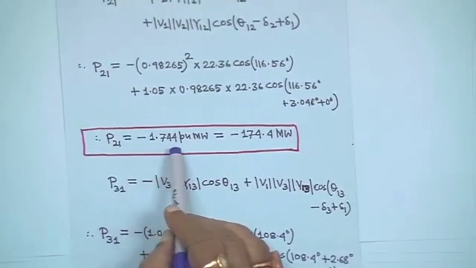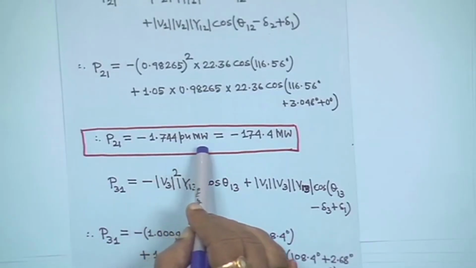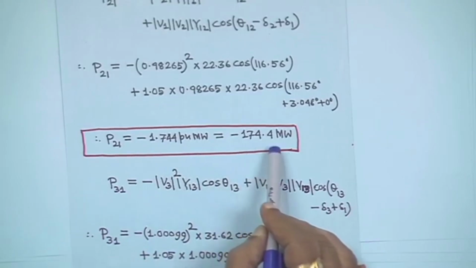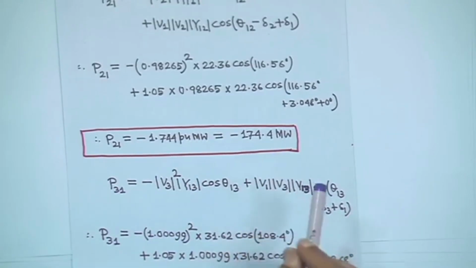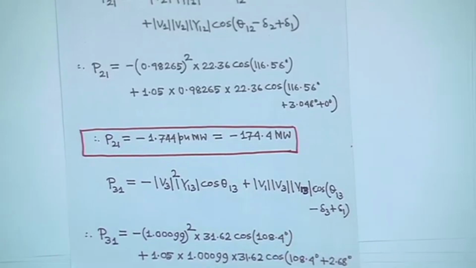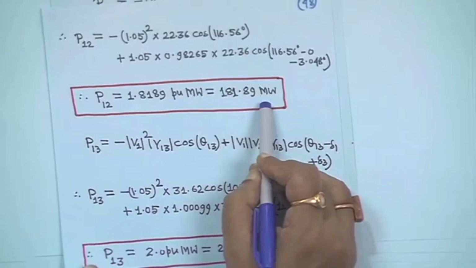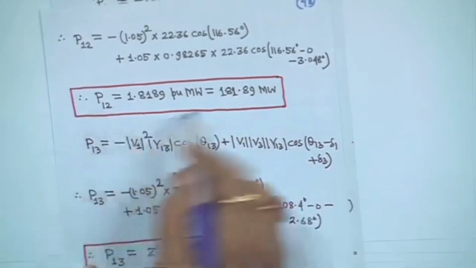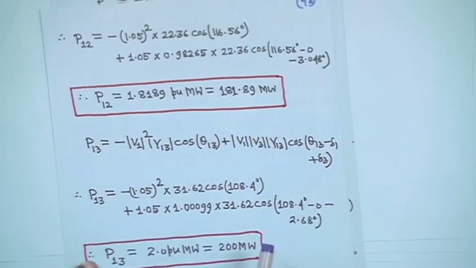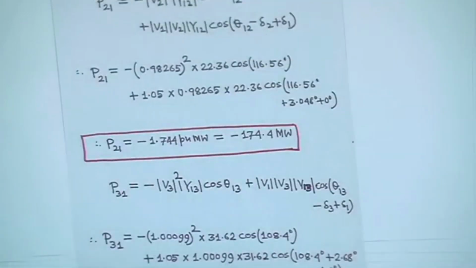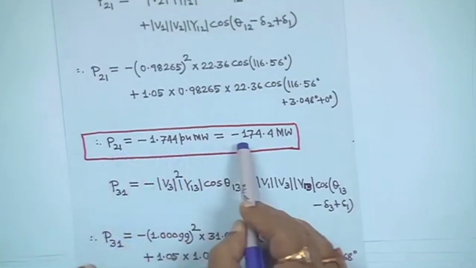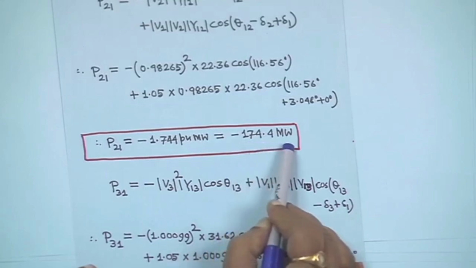minus 1.744 per unit megawatt, that is minus 174.4 megawatt. If you see P12 here, 181.89 megawatt, and that means power is positive, power is flowing 1 to 2. And here at P21 it is minus 174.4 megawatt.